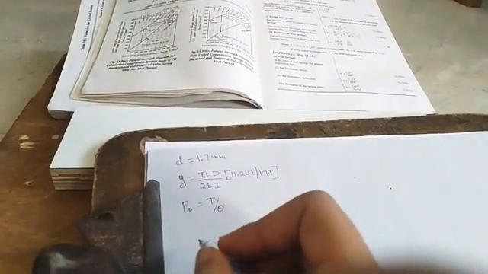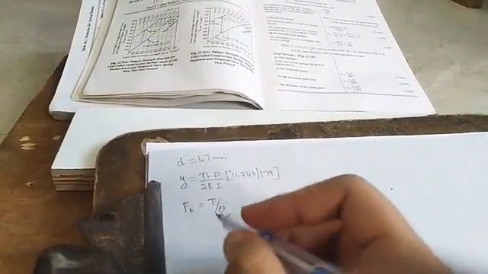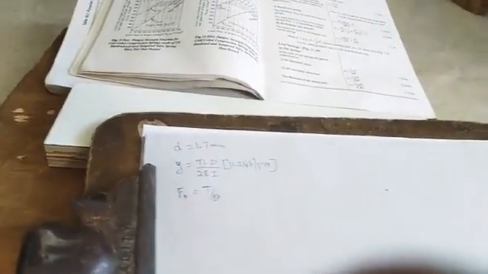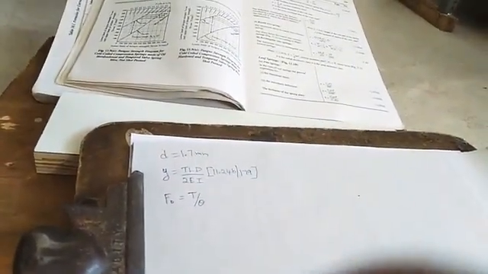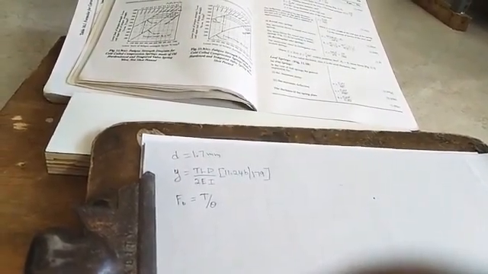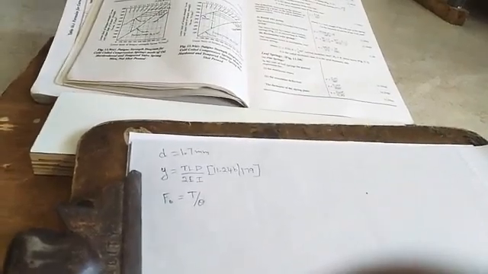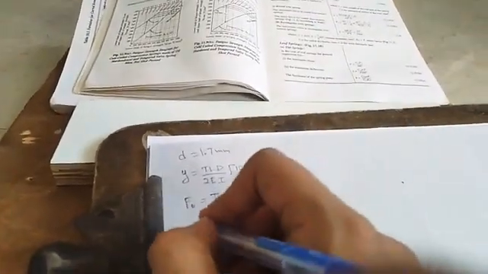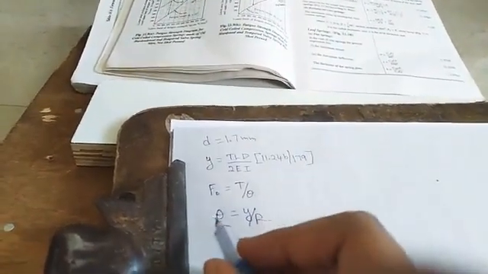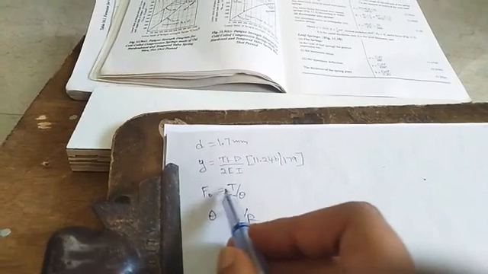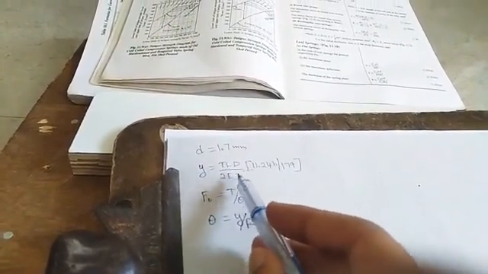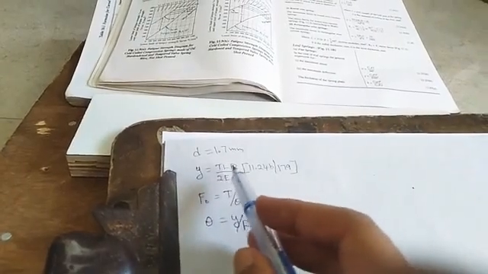First we'll find the number of turns by using this equation. Theta is equal to y by r, F naught is equal to T by theta, and y is equal to TLD by 2EI. So this is the formula.